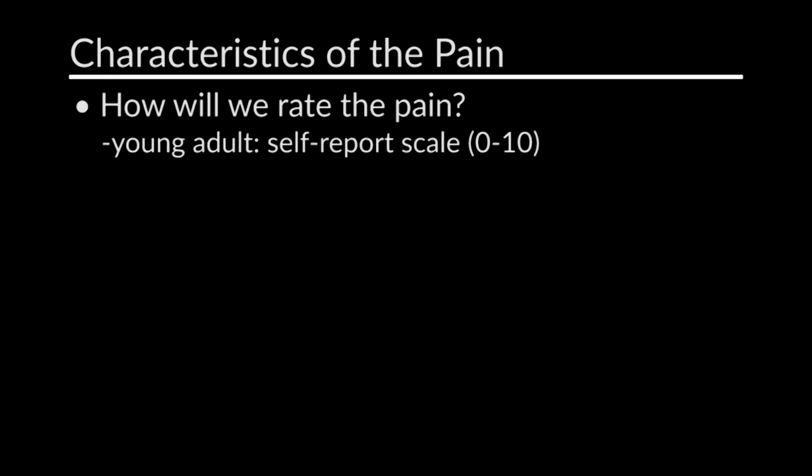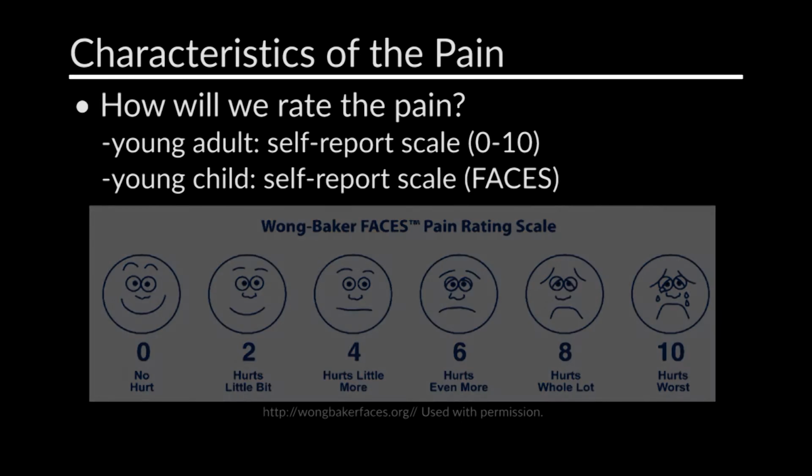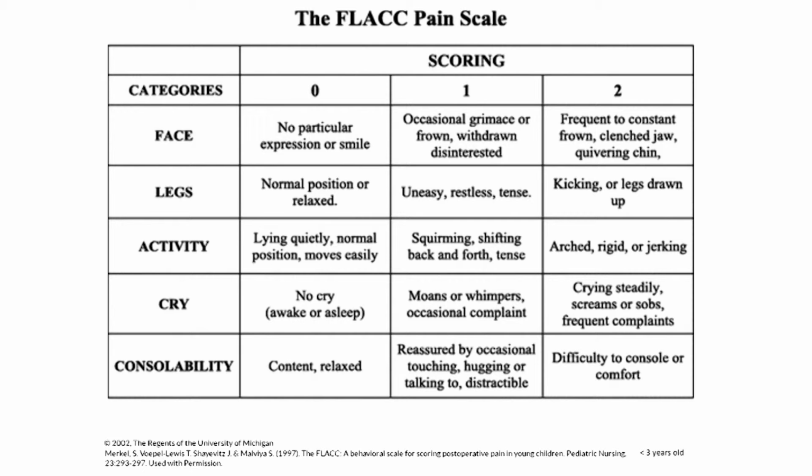A self-report scale such as the FACES scale, in which patients are asked to match the level of their pain with the faces representing different levels of discomfort, may be most appropriate for early school-age children. An observational behavioral assessment scale such as the FLACC, which evaluates the characteristics of face, legs, activity, crying, and consolability after a stimulus, may be the most appropriate for patients less than 3 years old.